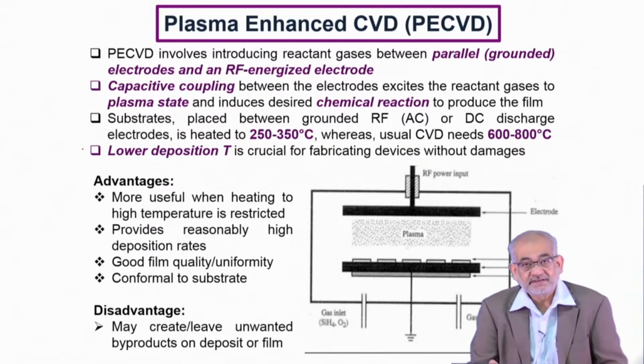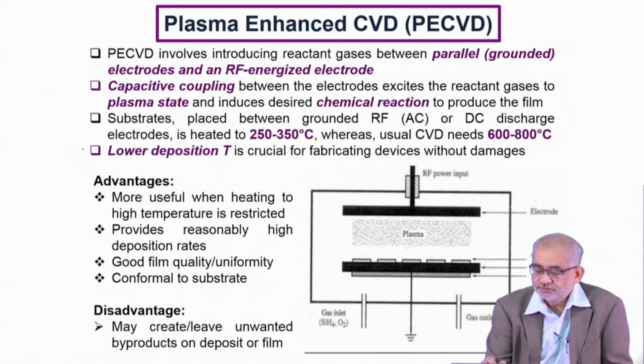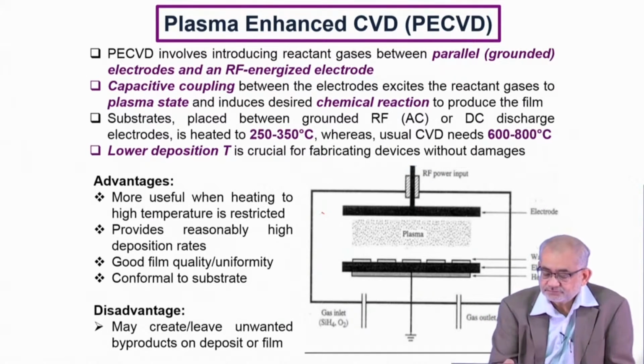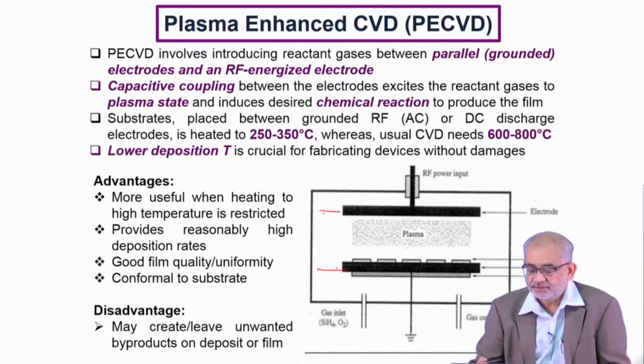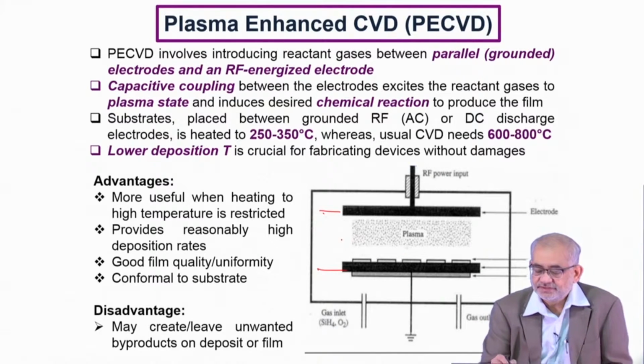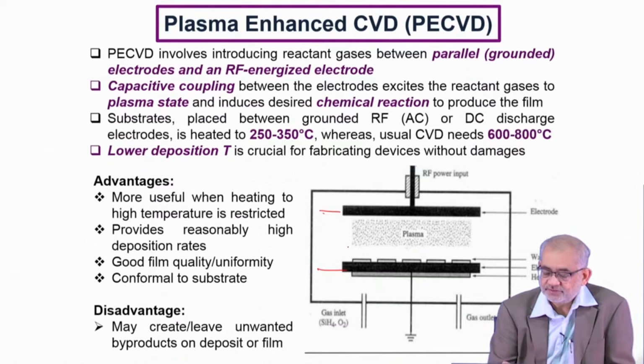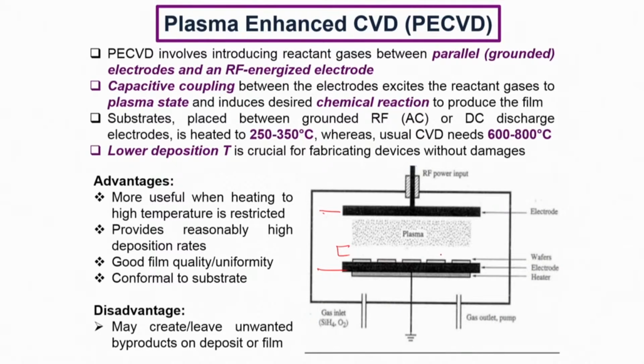In case of plasma enhanced CVD, what we need is to use two different electrodes and create a potential difference, an electrical discharge, and then you create this plasma. There will be a certain amount of dead zone here, and these are the substrates on which you want to deposit. Once you create the plasma, the deposition is controlled by the thickness of this plasma layer, or the so-called dead sheath that you have in between.